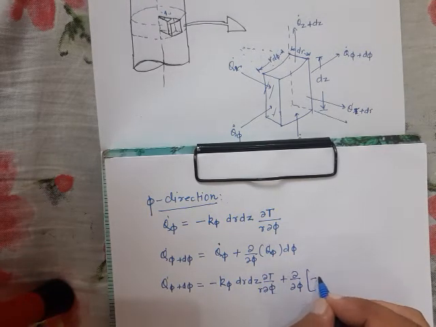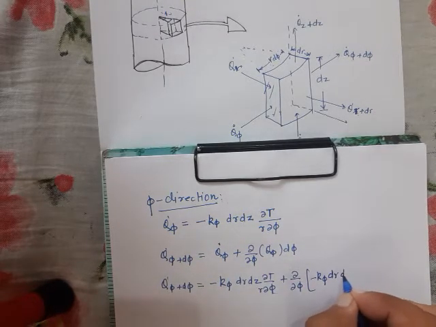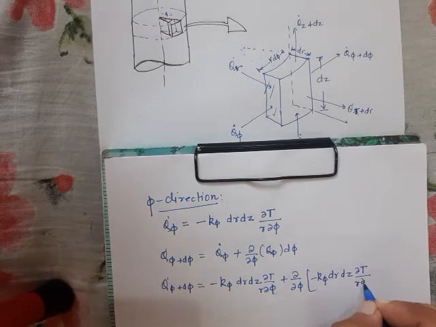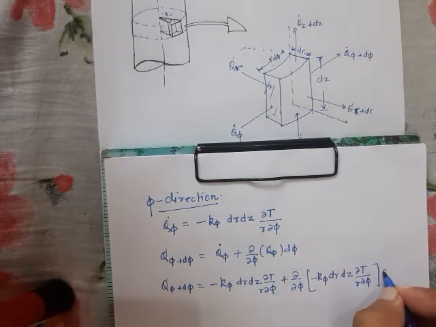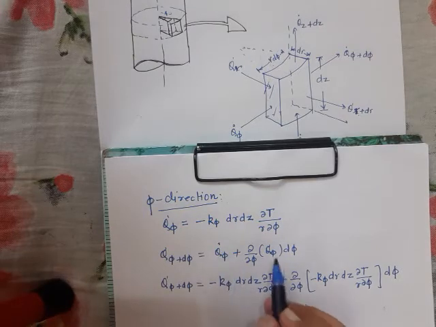Value of q_phi is again from the above equation, dr dz del T upon r del phi by d phi. Simple. I have simply put down the value of this q_phi over here.